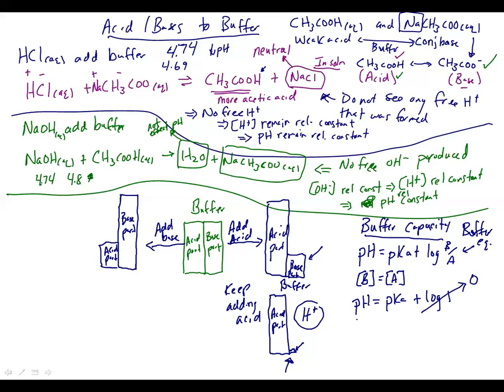Which means when you're trying to select a good weak acid or a good weak base to make a buffer from, usually we go plus or minus 1 of the pKa value, because if you keep the concentration of the weak acid and conjugate base in the buffer the same, the pH will equal the pKa value.